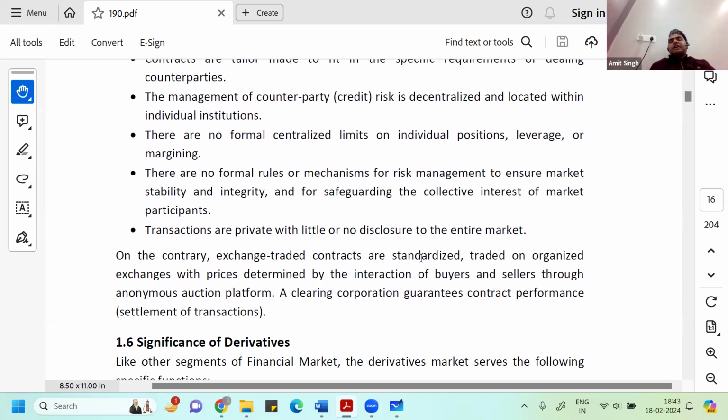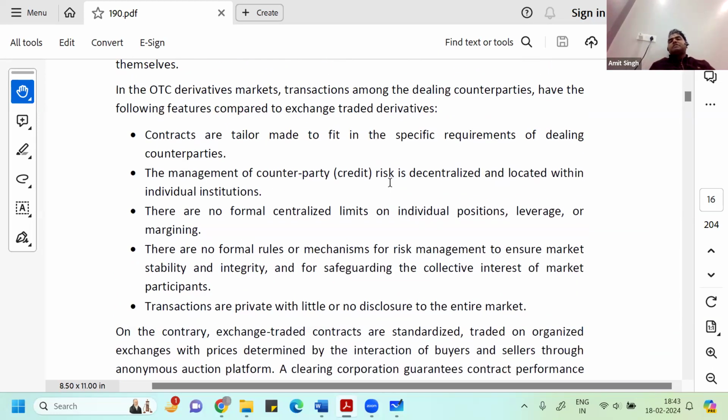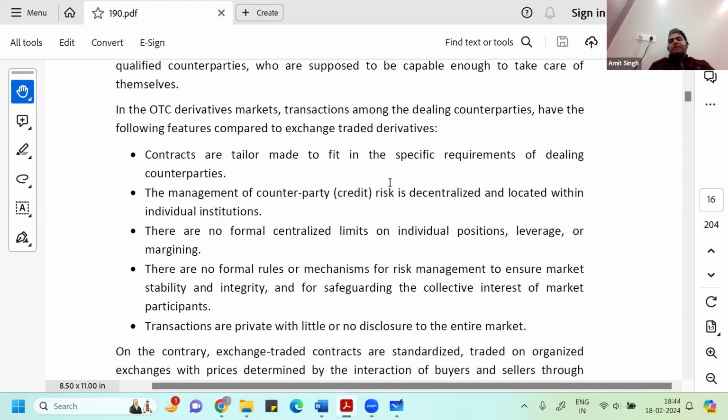You are understanding that in the OTC market, we assume that the players involved know the risk they are taking on when they participate in the market. Based on their understanding of the risk, they participate, and they know how they can safeguard themselves from these risks.